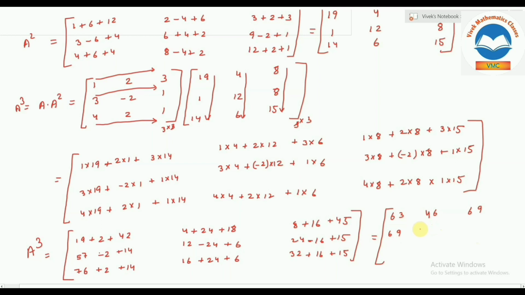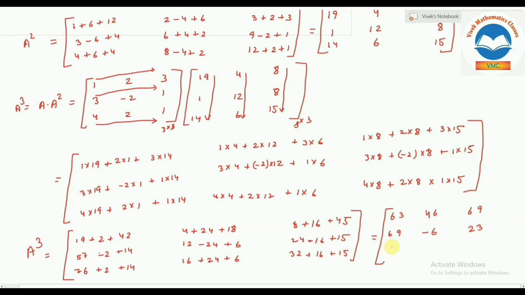12 minus 24 will be minus 12, plus 6 will be minus 6. Okay, so here minus 16 plus 15 will be minus 1, plus 24 will be 23.